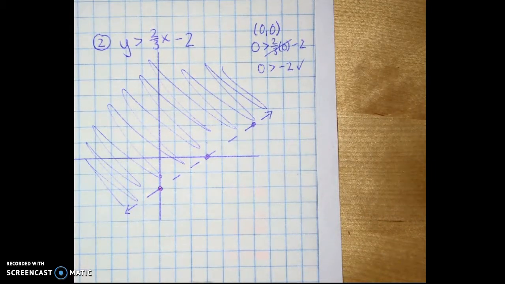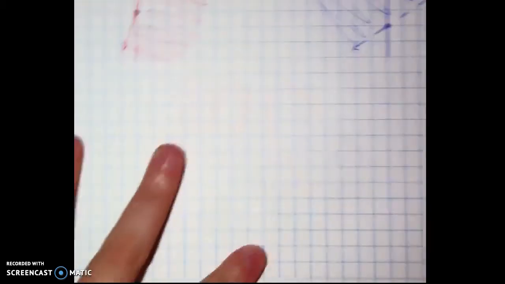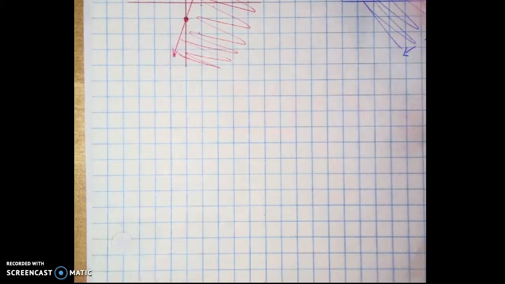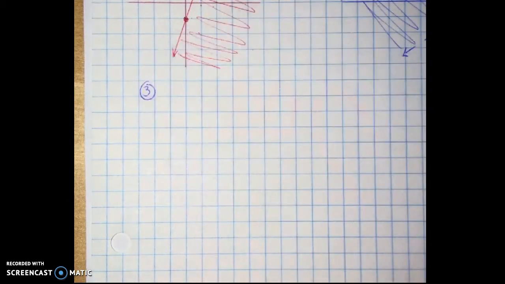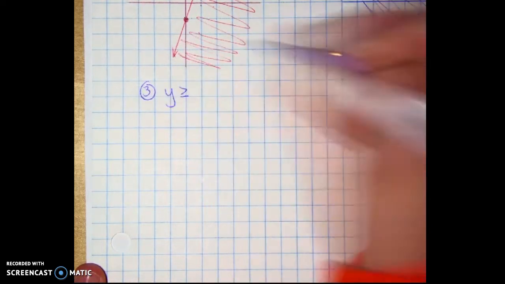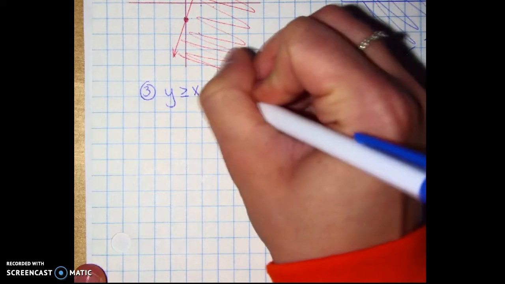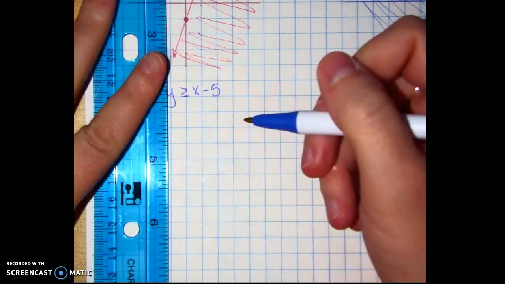Okay, we have 2 more to do. Okay, number 3, y is greater than or equal to x minus 5. Y is already by itself, so I can go ahead and start my graph.